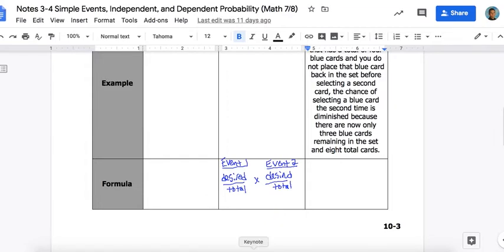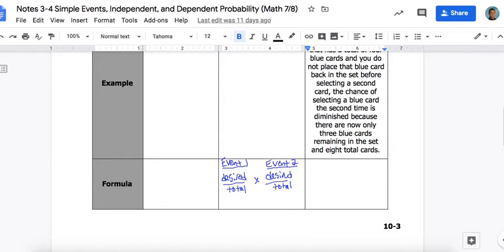This is basically the counting principle that you learned previously, where if you rolled a die and flipped a coin, how many outcomes would there be? You would do 6 times 2. So that's what's happening here with our probability.